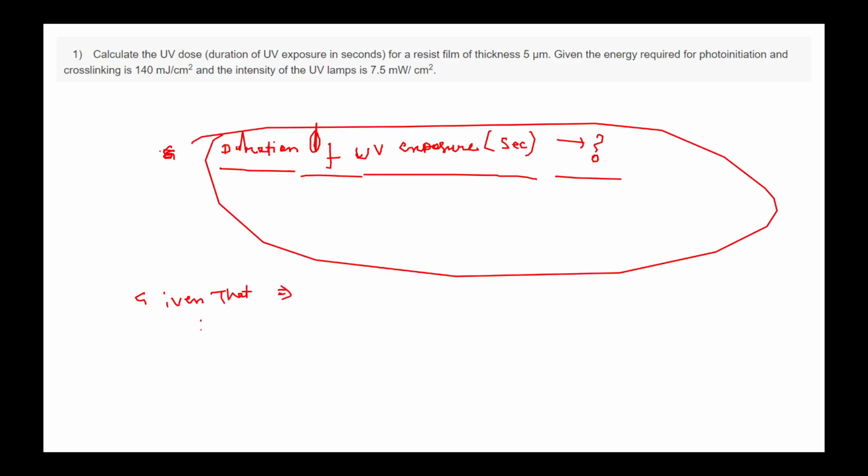The film thickness is given as 5 micrometer. The energy required for photoinitiation and cross-linking is 140 millijoule per centimeter square.